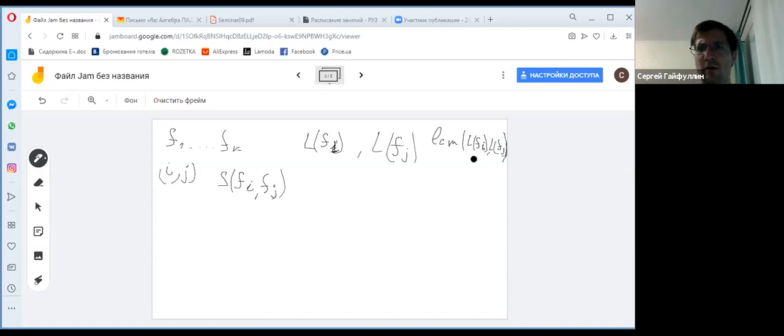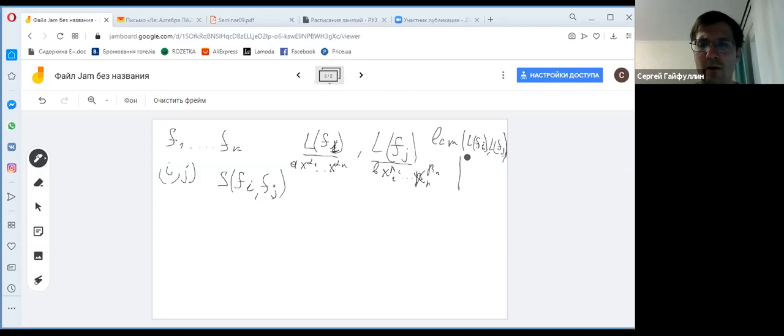It should be mentioned that these terms can be written with a coefficient a multiplied by x1 in power alpha 1, and so on, xn in power alpha n. This is b multiplied by x1 in power beta 1, and so on, xn in power beta n.